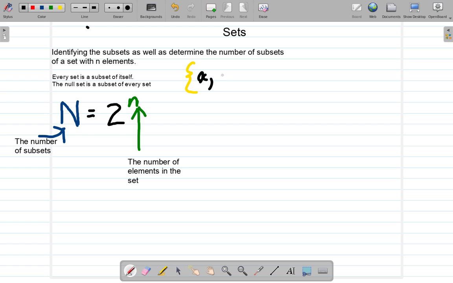We have A, B, C, D. Now, what I want you to do at this point is pause the video, calculate the number of subsets that you can get out of this set, write them all down, and then you come back and continue. So, go ahead and pause.